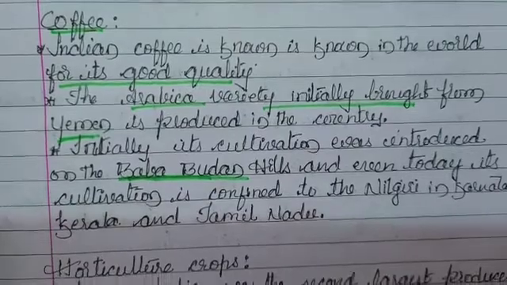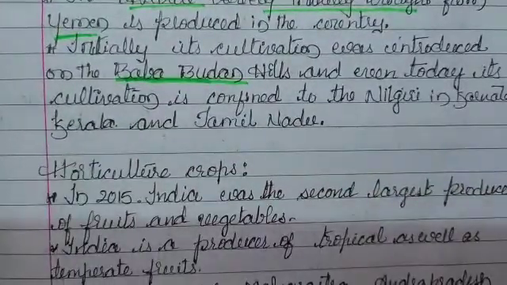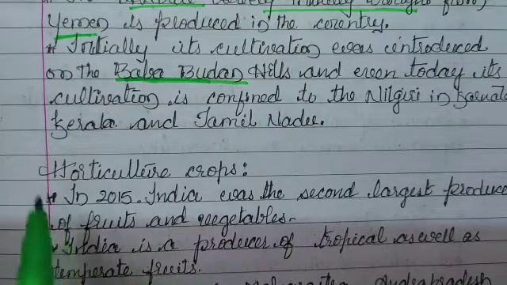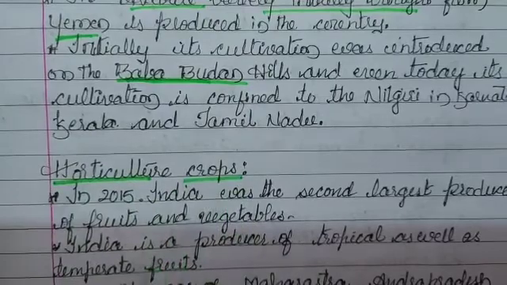Other than plantation crops or commercial crops, we are growing many things like vegetables and fruits. The growing of fruits and vegetables comes under horticulture crops.